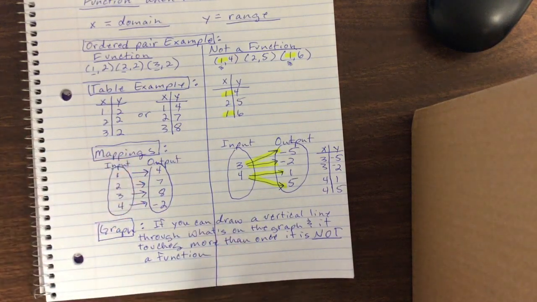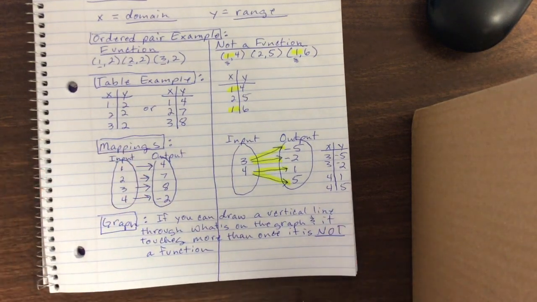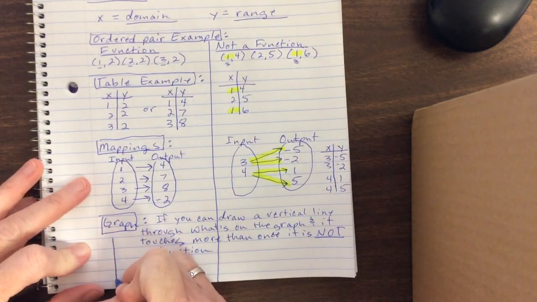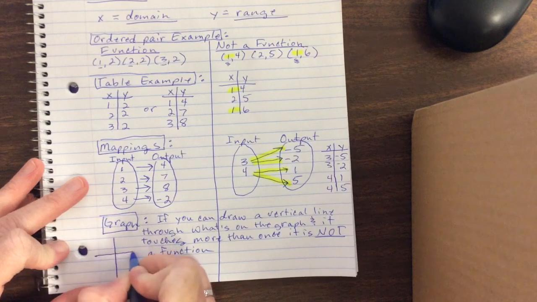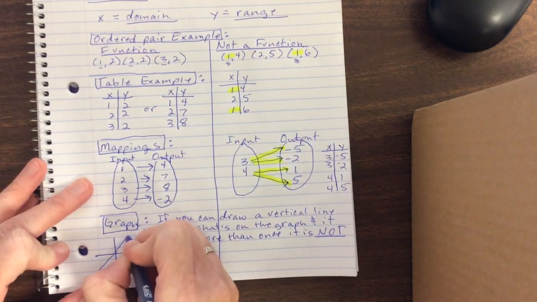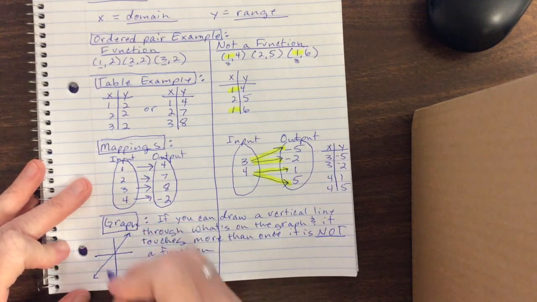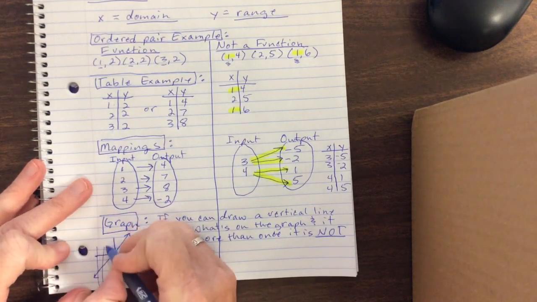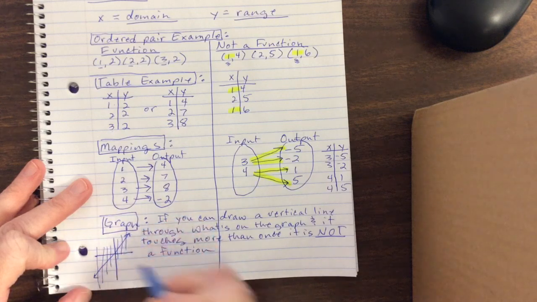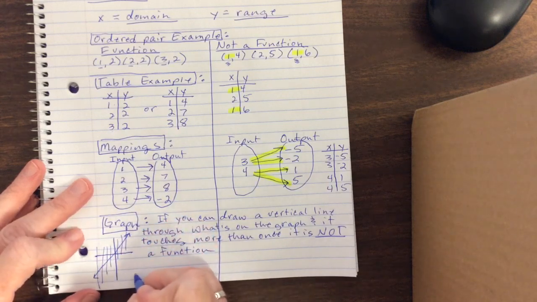Okay, and I have a little bit of space here, and we're going to keep this to one page. So here's our little tiny graph. And if you have a line here, it goes like that, and you draw vertical lines anywhere on the line, you can see it only hits it once, so it is a function.